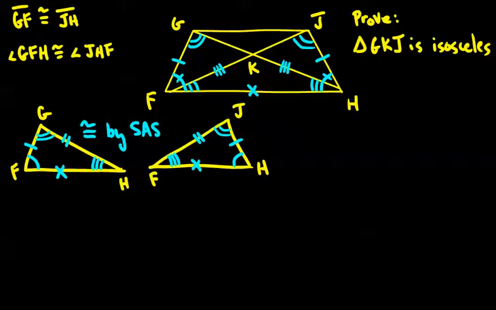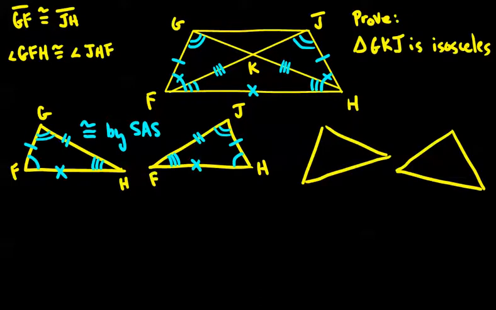Now, since we know that those two angles there in the side triangles are congruent, now we can work on those side triangles. And they look something like this, and we'll label them GFK, and the other JHK. And we'll also label on them what we can see from the original diagram now.